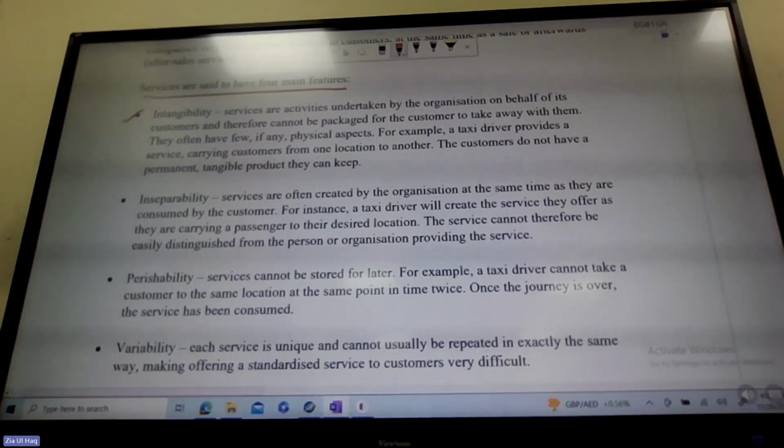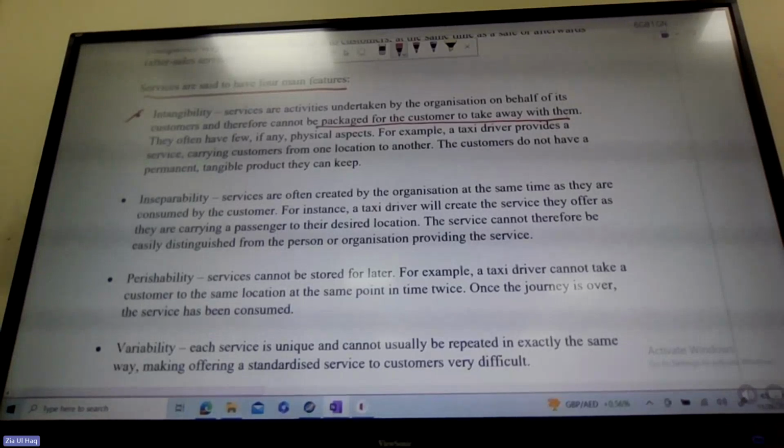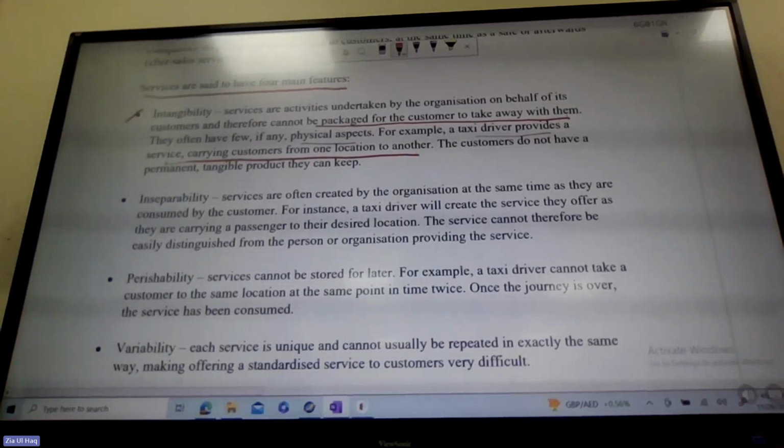Services are activities undertaken by an organization on behalf of its customer and therefore cannot be packaged for the customer to take away. They cannot see them, they cannot touch them. They often have few, if any, physical aspects. For example, a taxi driver provides a service of carrying a customer from one place to another.